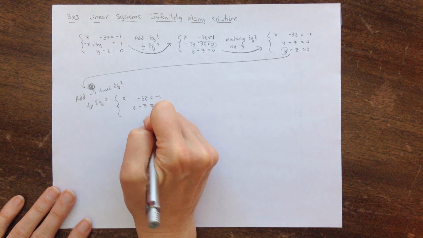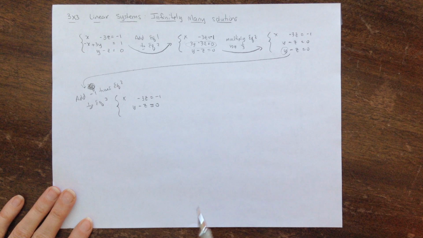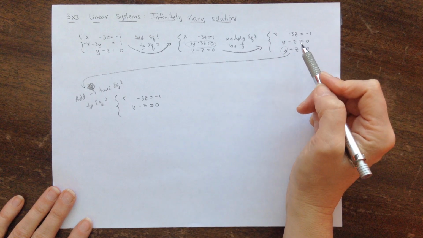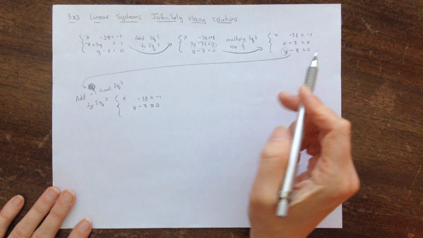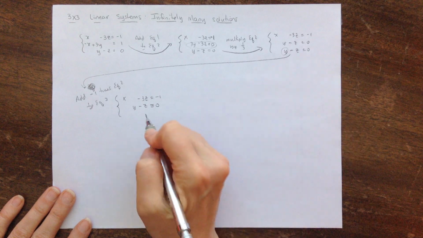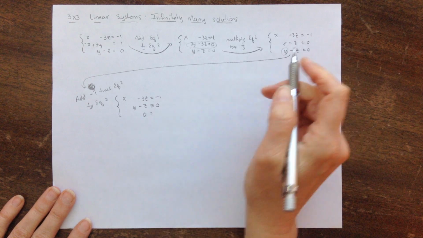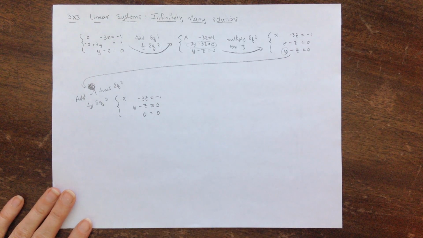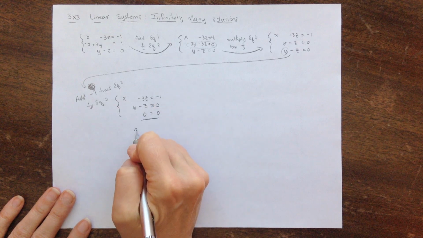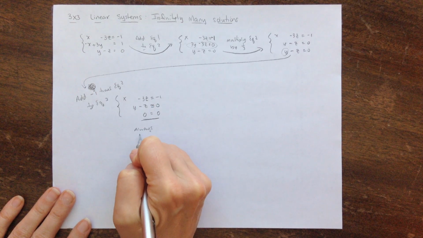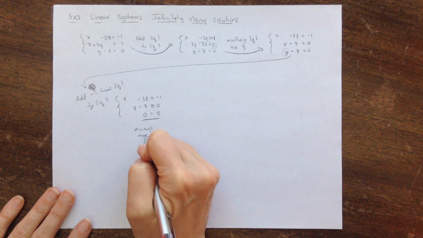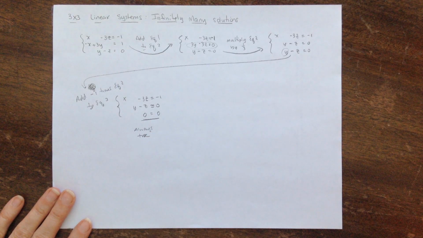But equation 3 is going to change, and it's going to change radically. Because you do this plus a negative 1 times that is 0. This plus a negative 1 times that is 0, so you get a 0 over here. This plus a negative 1 times that is 0. So you get 0 equals 0. This equation is always true. So it really doesn't add anything to the system.